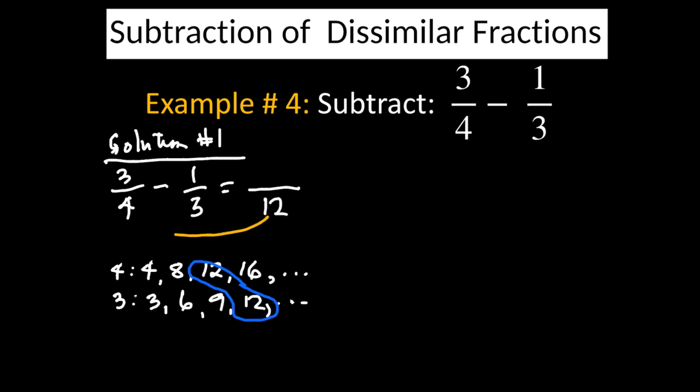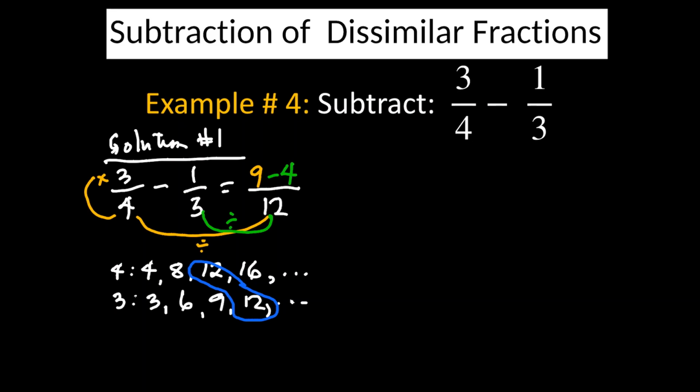Okay, so next you divide 12 by 4. That will give you 3, and then you multiply it to the 3 here in the numerator. That will give you 9. Next you divide 12 by 3. 12 divided by 3 will give you 4, times 1 here in the numerator, that will give you 4 also.